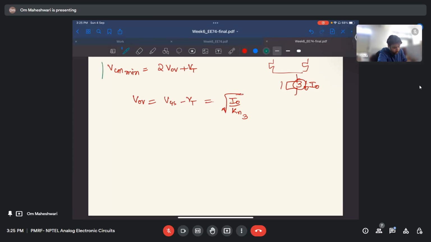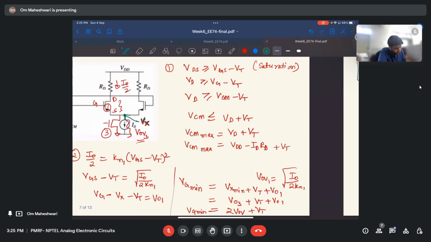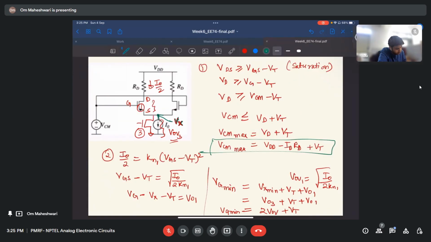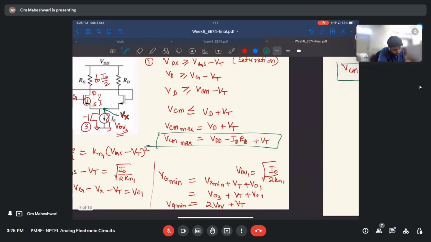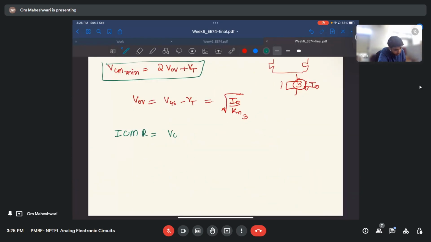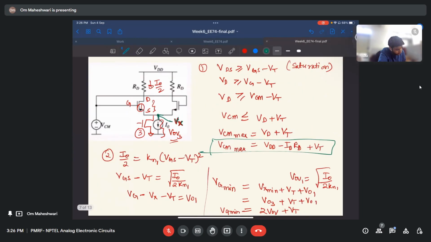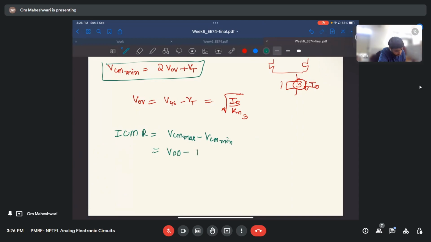So in this way, we have both the conditions of VCM min and VCM max. And our ICMR that we have been asked is VCM max minus VCM min, which equals VDD minus IDRD minus VT minus 2 VOV minus VT, minus 2 VOV minus 2 VT.